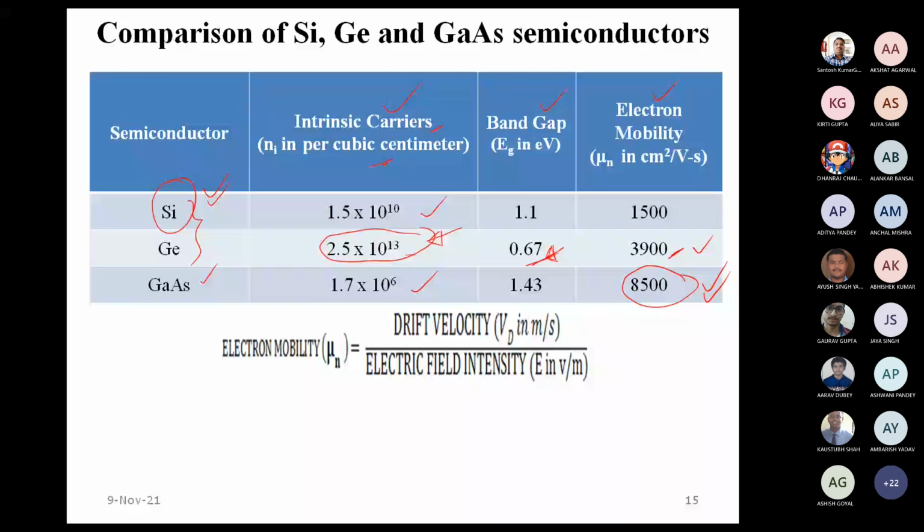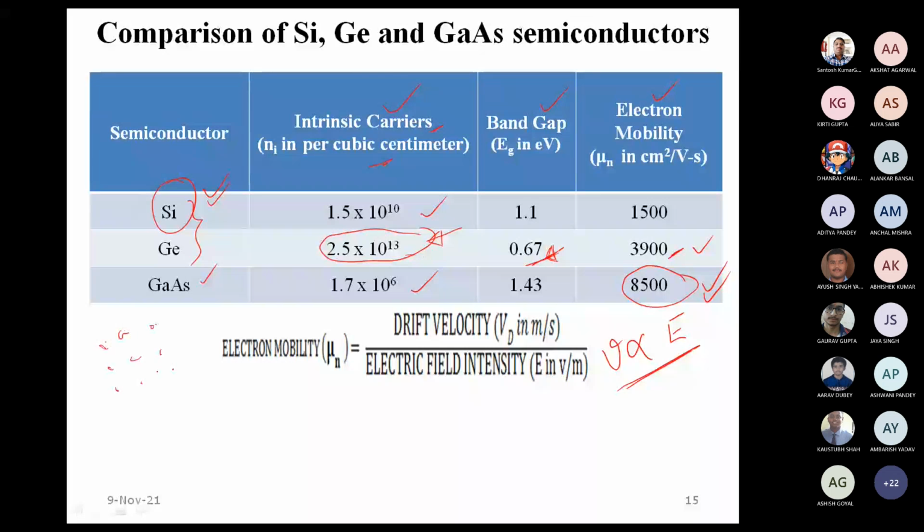Electron mobility is defined as the drift velocity to the electric field intensity. You might see that the velocity is proportional to something called the electric field. Suppose we take some bulk material in which electrons are present.